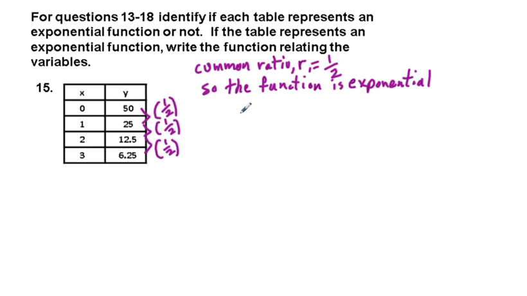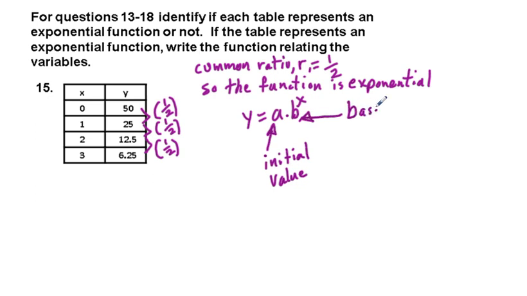What we've talked about in this class earlier is that the main exponential function is this: y equals a times b to the power of x. And we talked about a being the initial value, and b being the base, or in this case we could use our common ratio r. That would be our base.